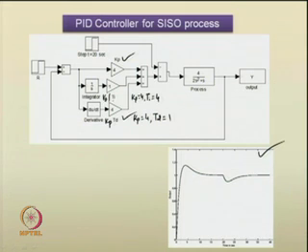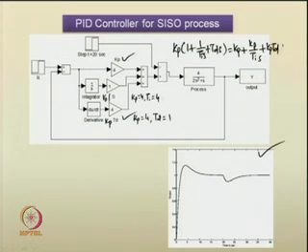thus we are getting Kp upon Ti as 1, because the form of the controller is Kp times (1 plus 1 upon Ti s plus Td s), which gives us upon multiplication Kp plus Kp by Ti s plus Kp Td s.